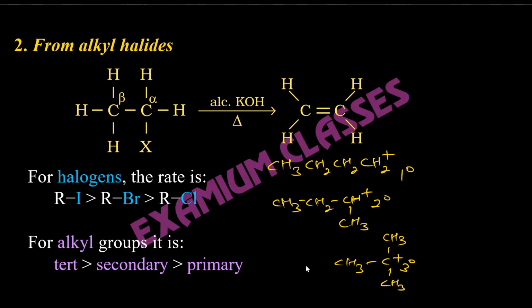Bhavya, Sudhit, Pranit. Aryan also correct. I also talked about the reason why. Rida, yes, correct. So 3 degree carbocation will be most stable. Now, which intelligent student will tell me why 3 degree will be most stable? I am waiting for an intelligent answer here. Everyone.